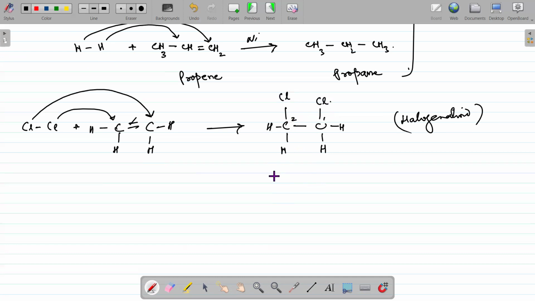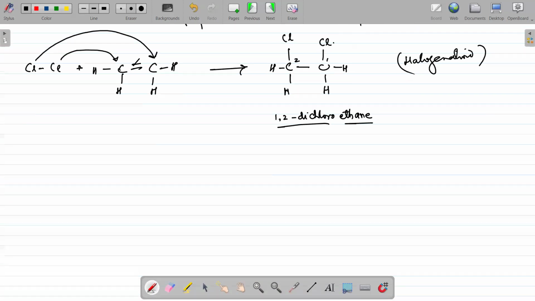So it is 1,2-dichloroethane. Clear? So it is addition of halogens, chlorine being one example, on alkenes, giving us these saturated compounds with halogens on them.